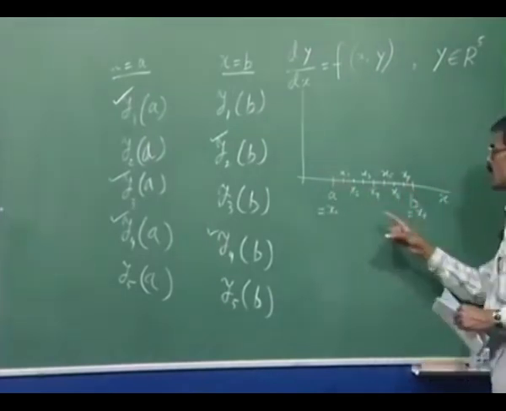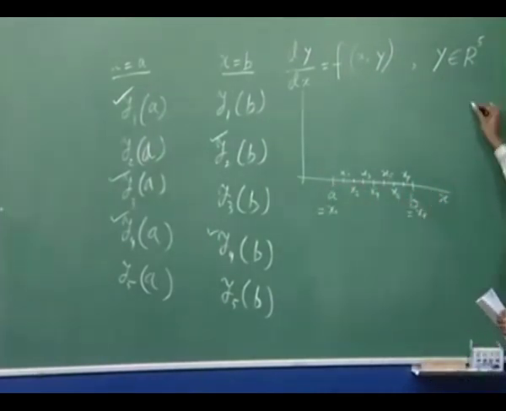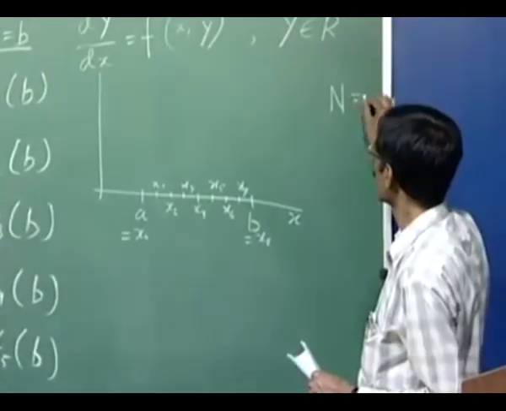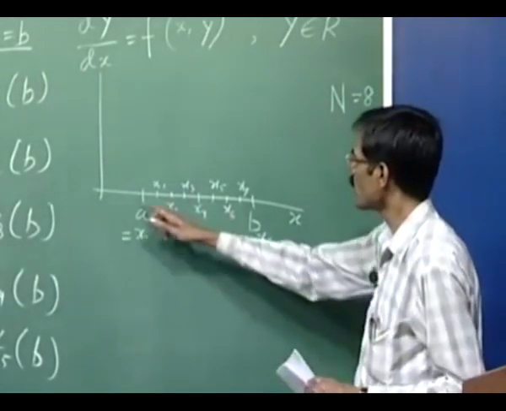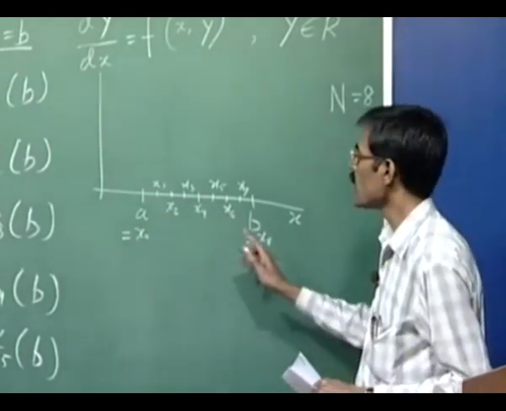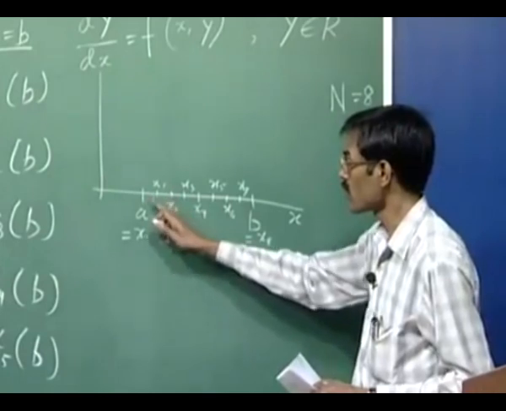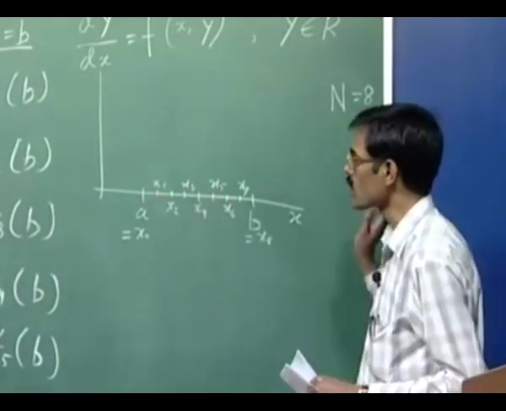So, there are 9 values of x. N is 8 and there are 9 values of x starting from x0 up to x8 and 8 intervals. x0 to x1, x1 to x2 and so on, 8 intervals.